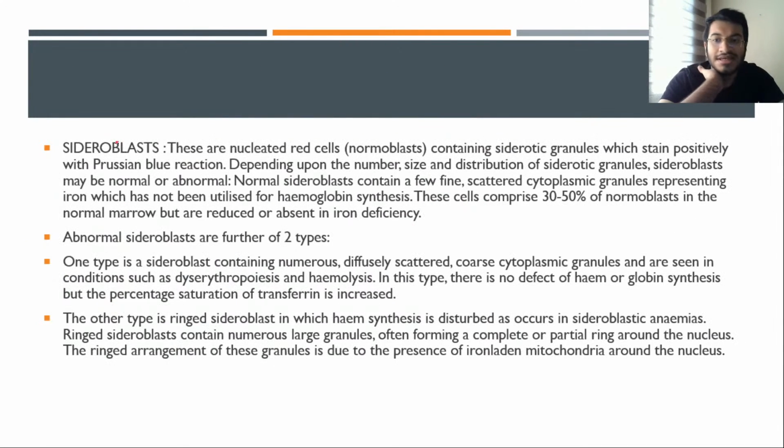Now sideroblast. These are the nucleated red cells or normoblasts containing the siderotic granules which stain positively with the Prussian blue reaction. Siderocytes were not normoblasts. Siderocytes were reticulocytes, or RBCs that were containing non-heme iron granules.